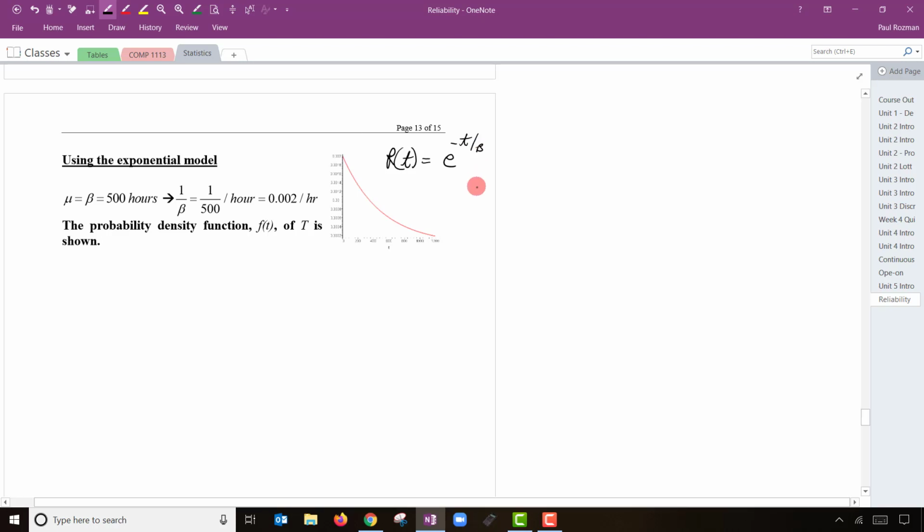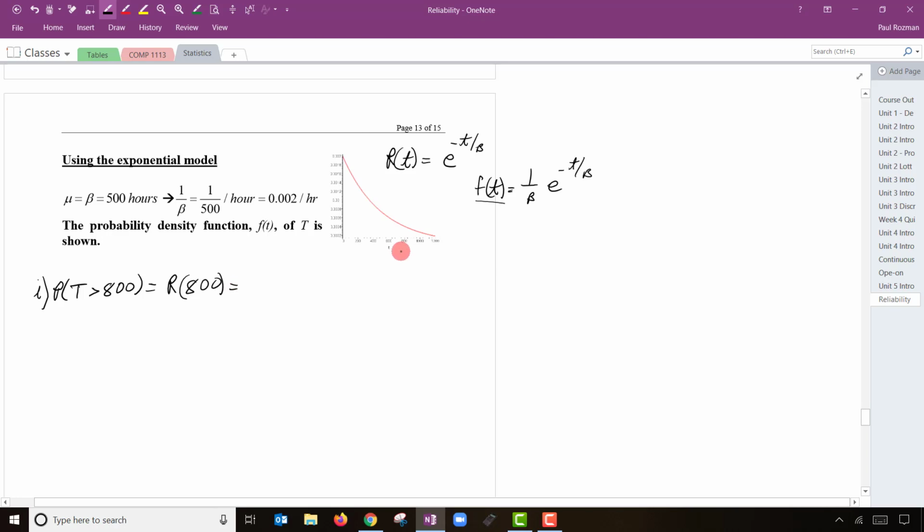You may remember that f of t was 1 over beta e to the negative t over beta, and that's the curve I've drawn. That's the little f. Now R of t is the area beneath the curve. The question was, what are the chances that one of these things lasts longer than 800 hours, which is R of 800.